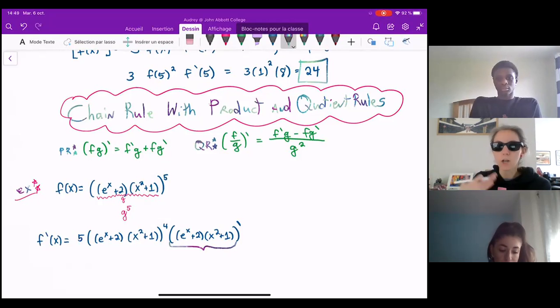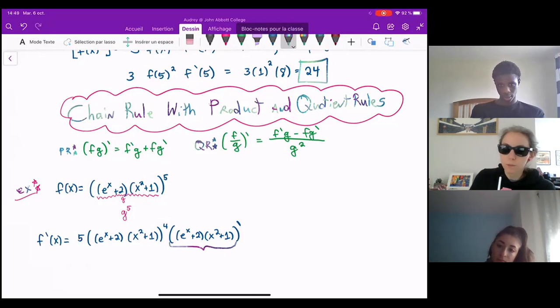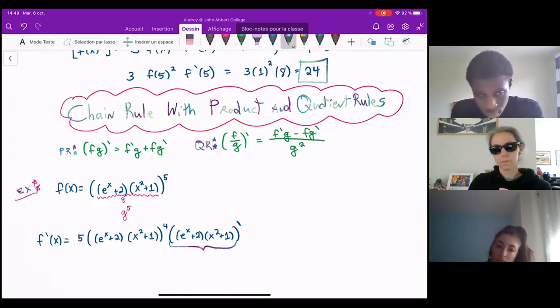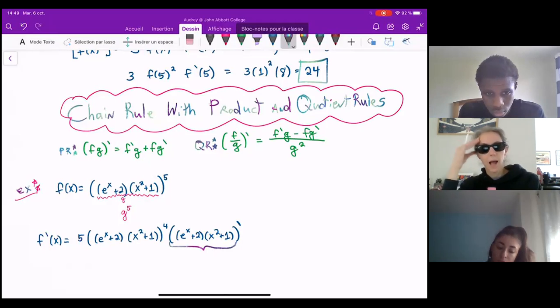So you're going to look at it and you're going to evaluate again, how do I do this derivative? So if all I had was e to the x plus 2 times x squared plus 1, what rule would I need? How would I do e to the x plus 2 times x squared plus 1?